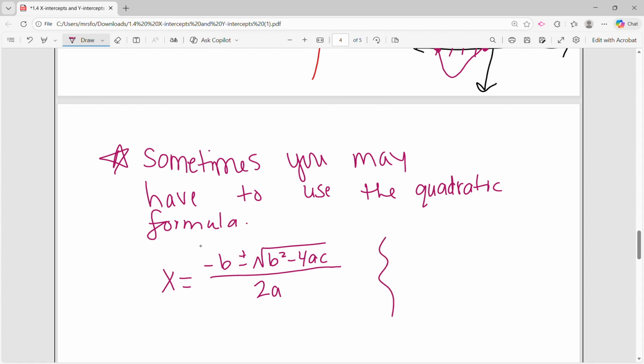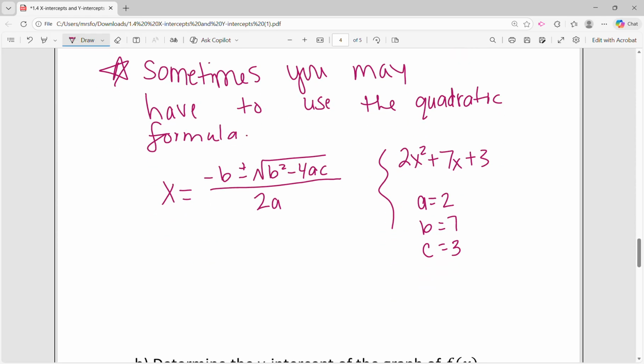So in that last problem where we had 2x squared plus 7x plus 3, a would have been 2, b 7, and c 3. So if you had done this using the quadratic formula, you would have said -7 plus or minus the square root of 7 squared minus 4 times 2 times 3, divided by 2 times 2.